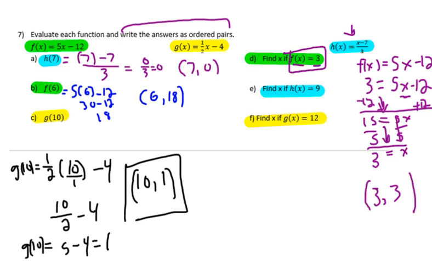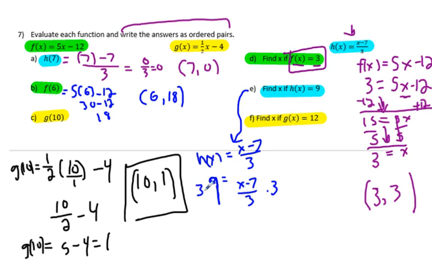Okay, so for e, we're going to go ahead and do e in blue. Bring it down over here. Now h of x is 9, so I'm going to write the function h of x right here. h of x is equal to x minus 7 over 3. And since h of x is 9, I'm going to substitute a 9 for h of x. So 9 is equal to x minus 7 over 3. The first thing I'm going to do in this equation is undo the division by multiplying by 3, and I'm going to do to one side what I do to the other.